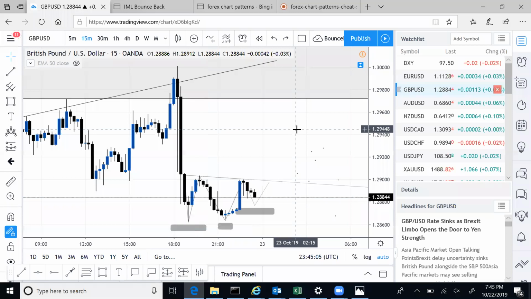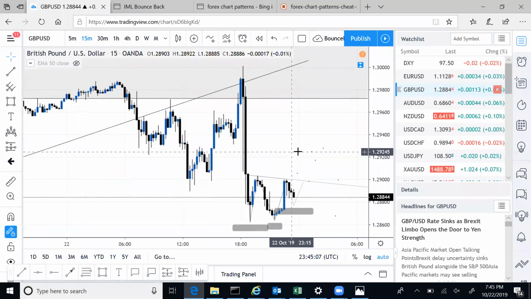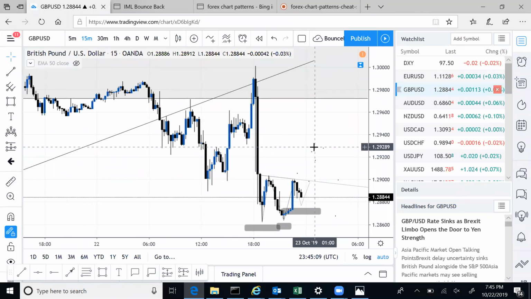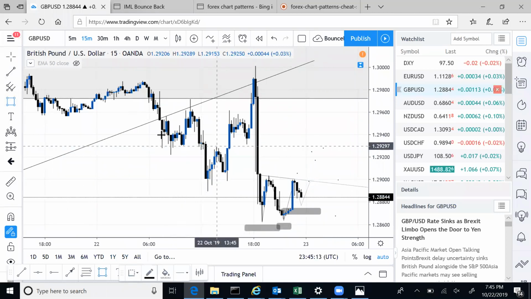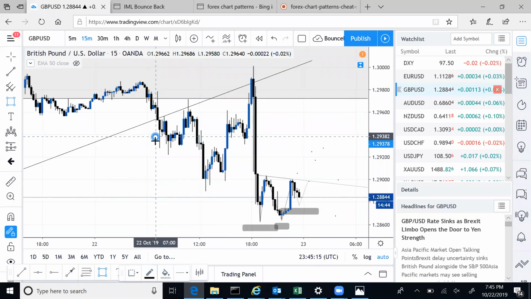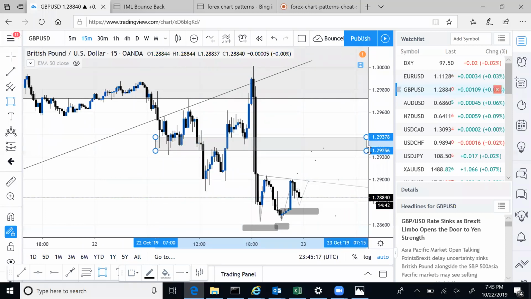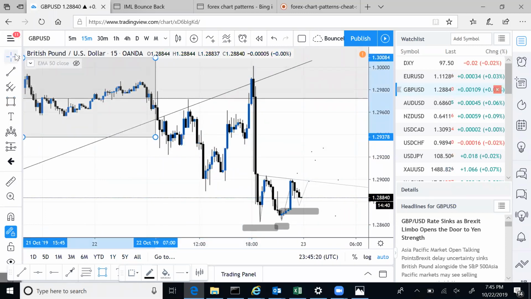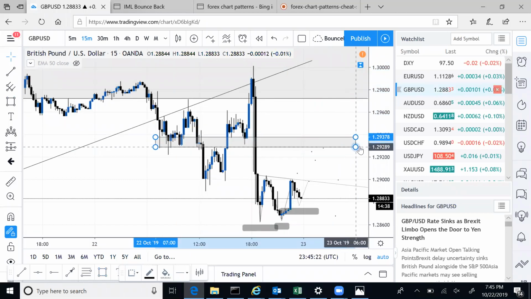So is your entry now? No. Your entry now is for you to identify your zones on the smaller time frame. The first thing that I am identifying is this, here.